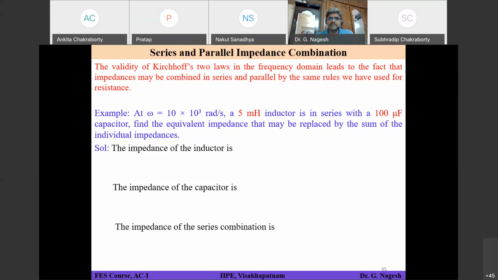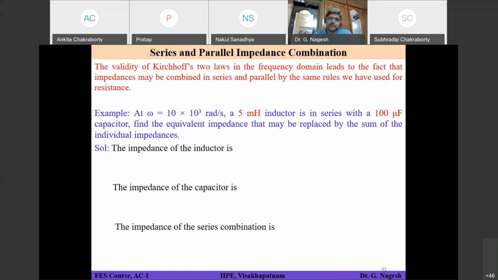The only difference is that in DC circuits a resistor is only the real part. In the case of an impedance, it is a complex number. It can have a real part alone or an imaginary part alone, or it can be both real plus imaginary. That is called impedance. So the rules we have seen are all applicable for impedance also.